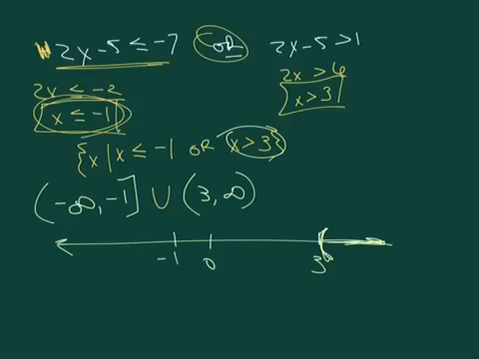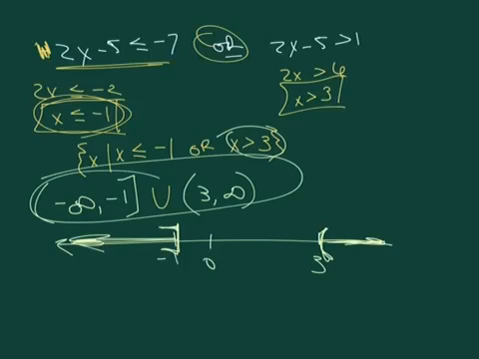Round this way, and square this way. And the square just means that it includes the -1, and the round means it does not include the 3. This is, for the most part, what you're going to be using in these.